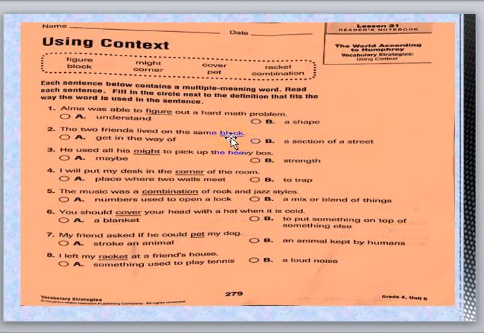Number three, he used all his might to pick up the heavy box. Might here, I told you, has two meanings. Number one, as a verb, maybe. Number two, as a noun, strength. How could I decide? Use the context. Read the sentence well. He used all his what?